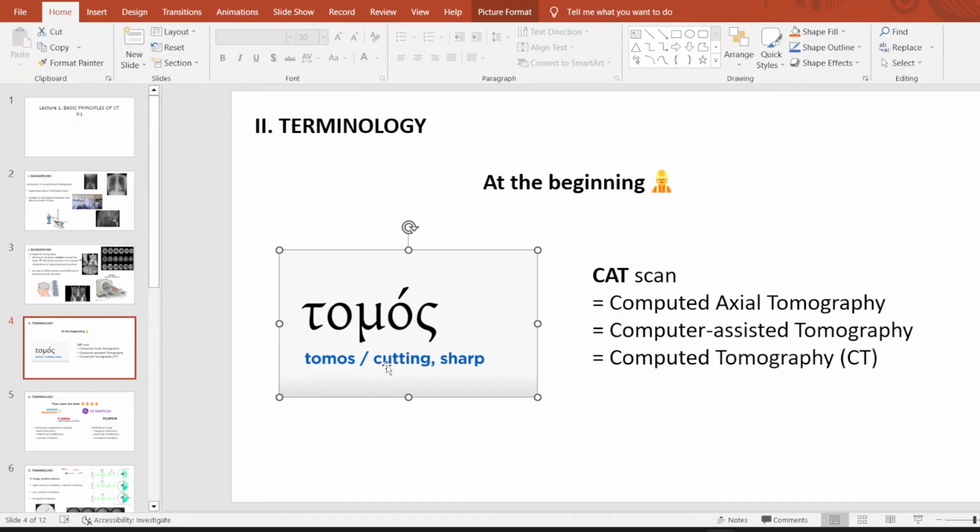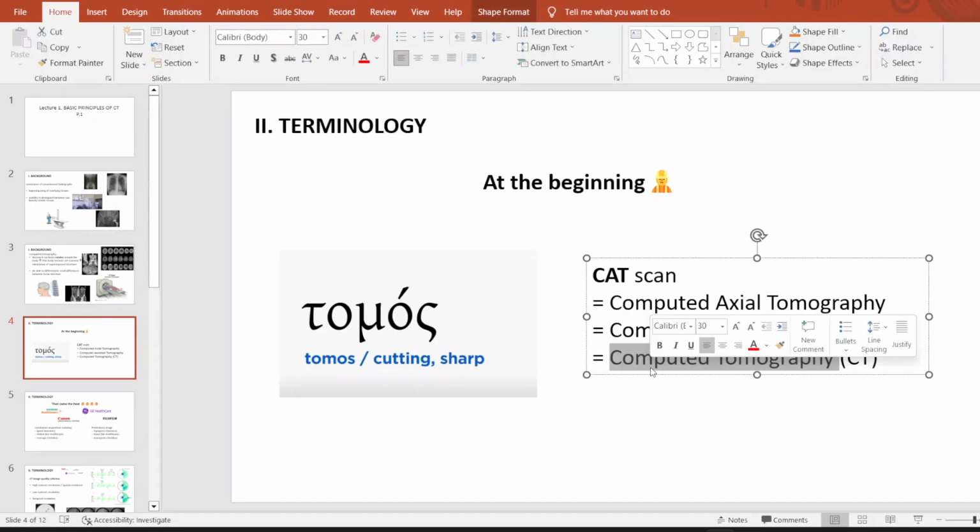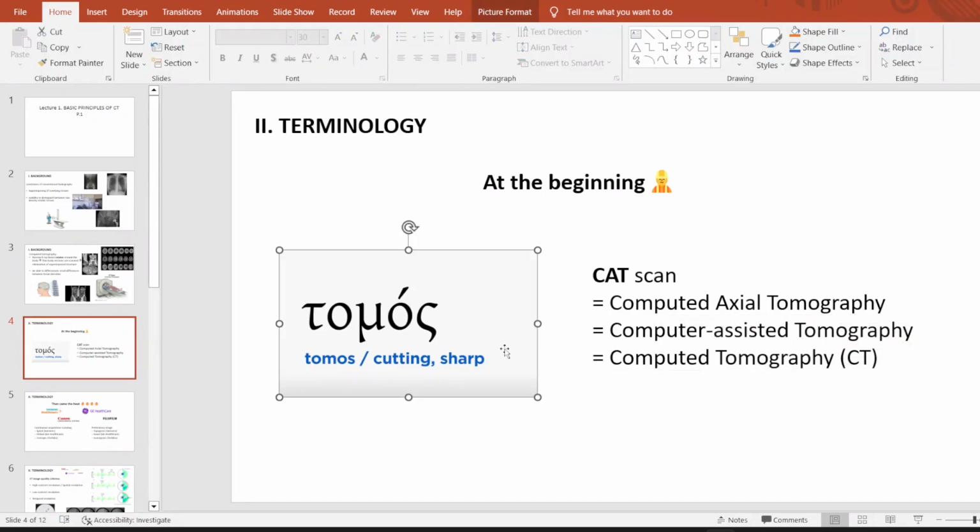So if someone wants more detailed meaning about this term, I can translate it to you. It can maybe be described as an image of a cutting whose creation is supported by a computer. That's my theory, but I think it's okay too.